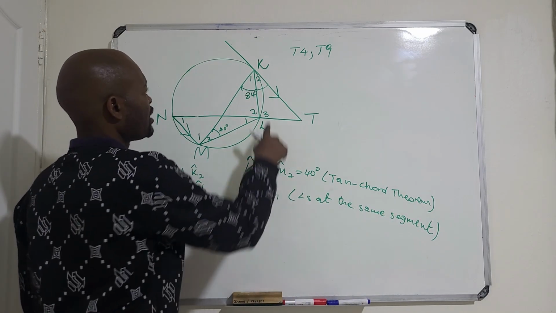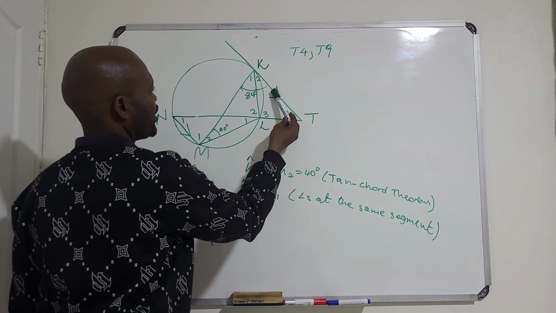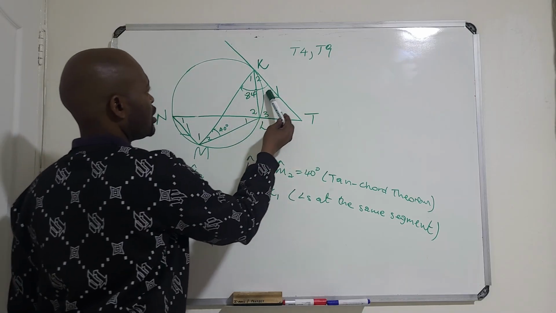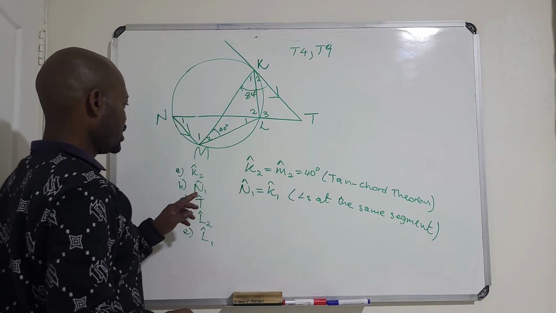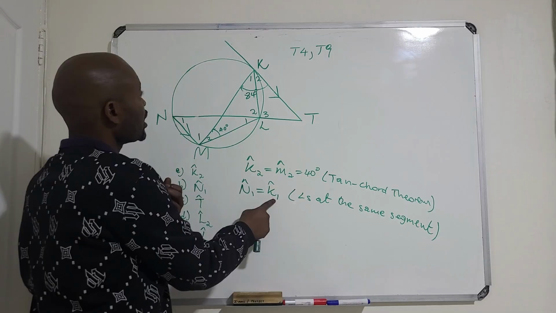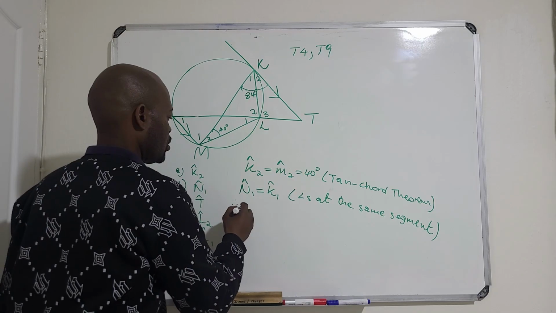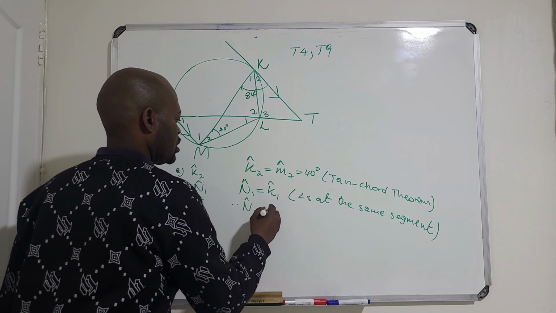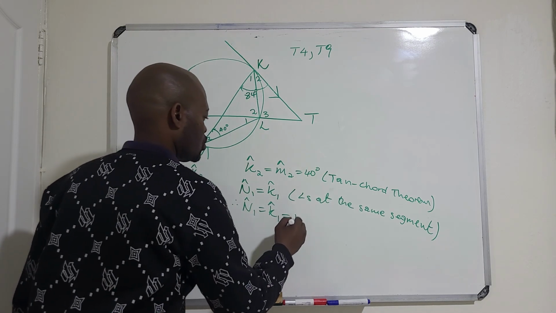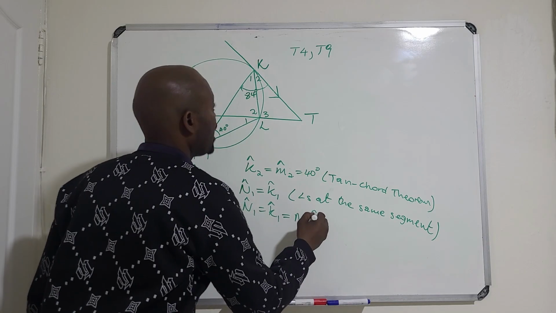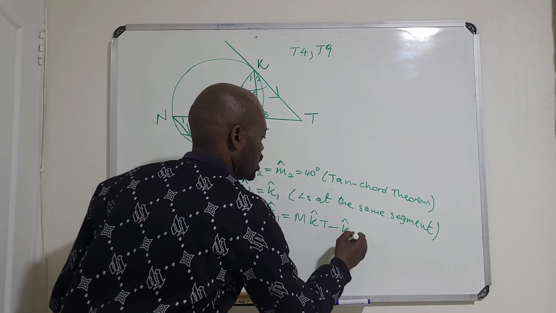Now, K1 we can find because we do have the whole of this angle. We also have this angle there. Therefore, this angle minus this angle, we are going to get angle K1, which is equal to angle N1. Therefore, angle N1, which is equal to angle K1, is equal to angle MKT minus angle K2.